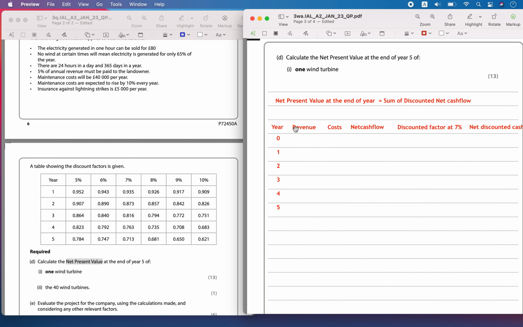Now if I find the total of the net discounted cash flow for the years, I am going to get the net present value for the investment of the project. It is one of the parameters which helps you determine whether you should make the investment or not. If it is a positive NPV, you should go ahead and make that investment.